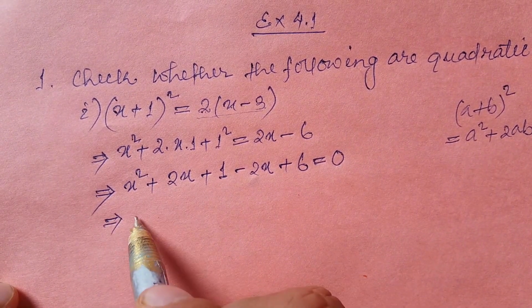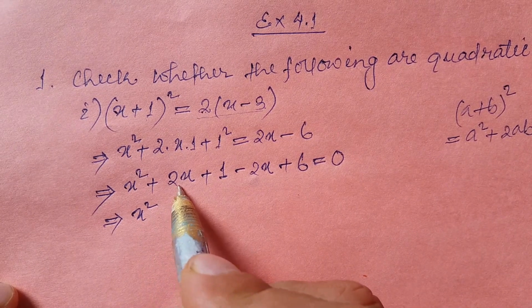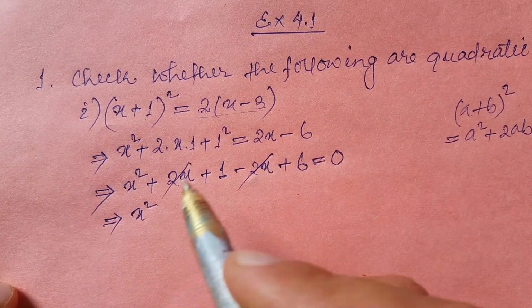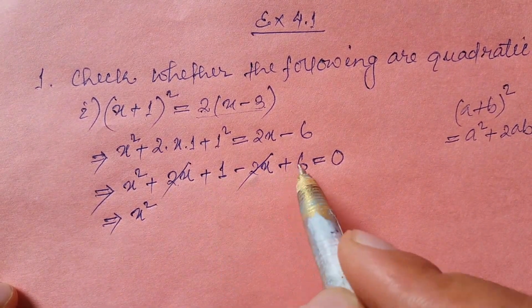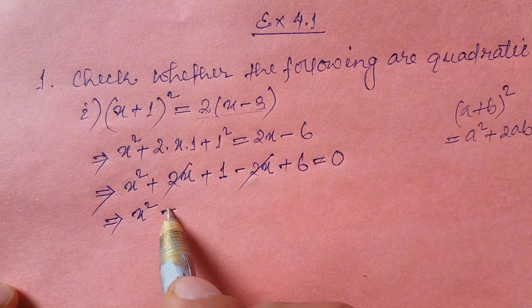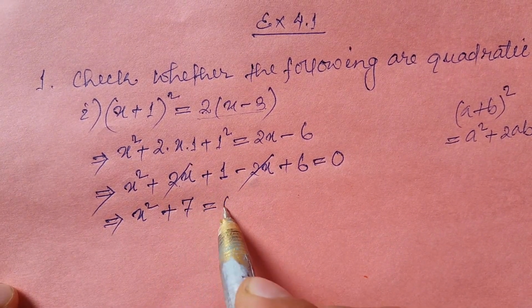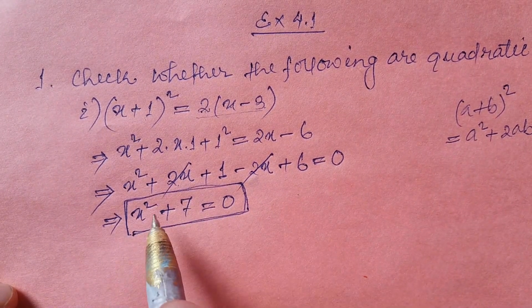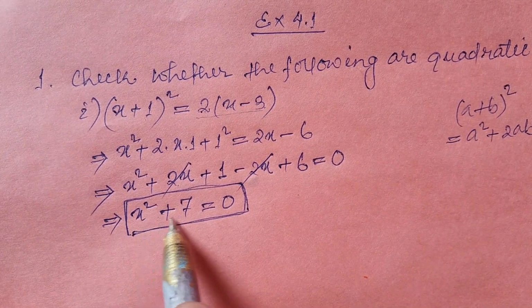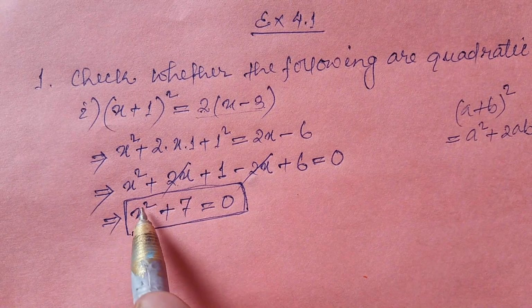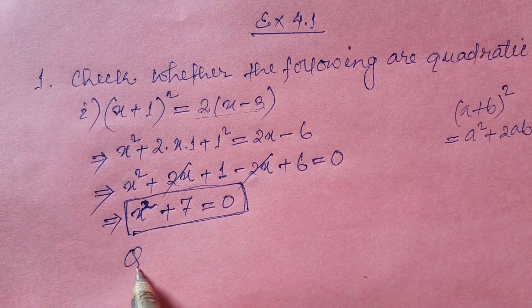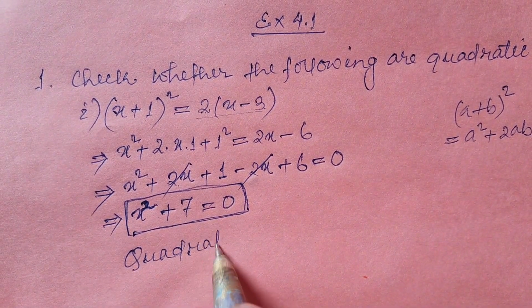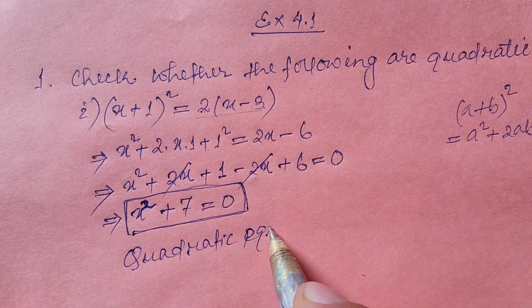Now this is x square, 2x minus 2x is 0, and then we have here 1 plus 6, so this is plus 7. This is equal to 0. Now this is our equation, and now here we have the degree of this left hand side expression is 2. So this is a quadratic equation.